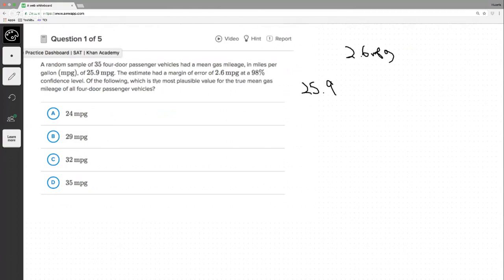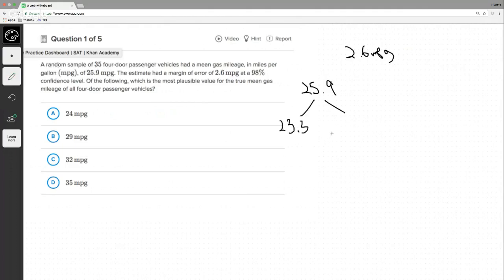Usually when we say there's a margin of error of 2.6, that means it could swing either way. Like it could be 23.3, excuse me, we subtract 2.6, we go down to 23.3.